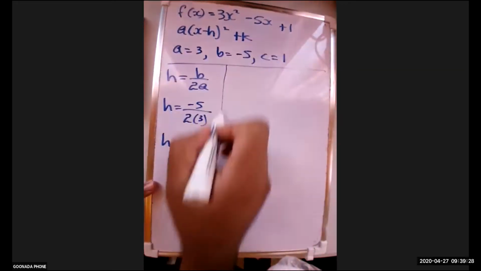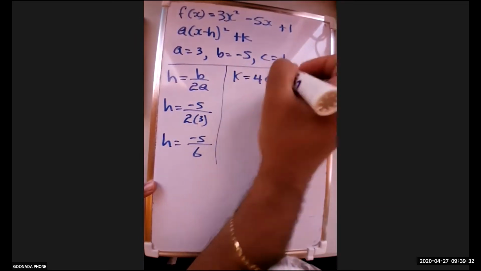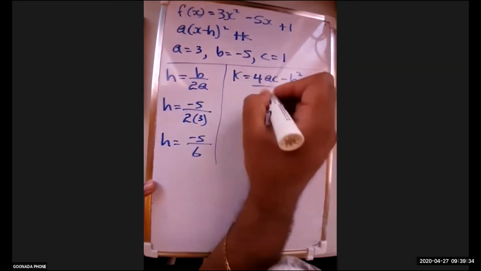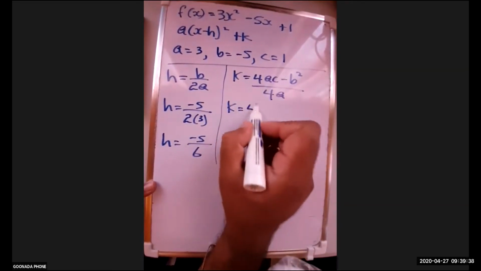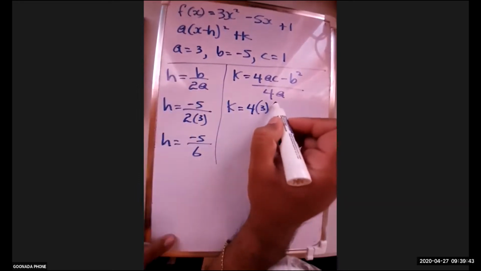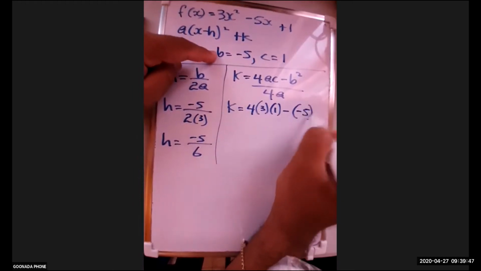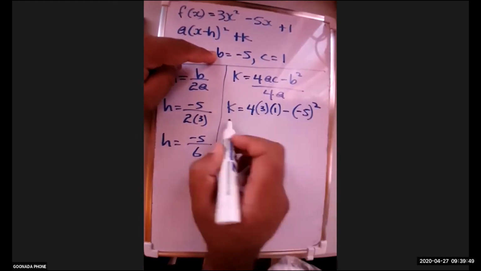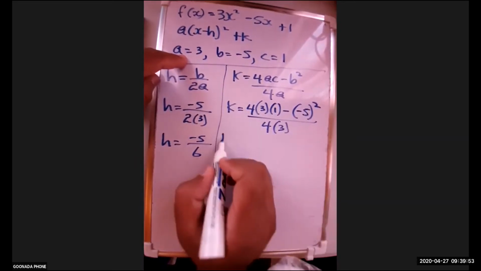The next thing we have to do is find the value of k. Now k is equal to 4ac minus b squared all over 4a. So k is equal to 4 into a, which is 3, c, which is 1, minus b, which is -5 squared, all over 4 and the value of a, which is 3.